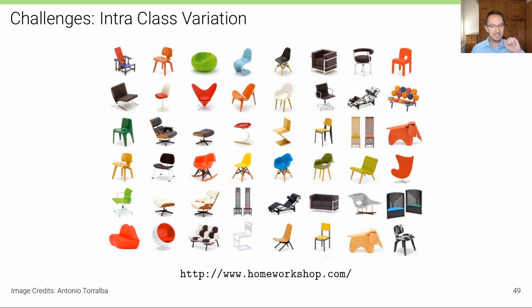You want to categorize all of them as being some seatable objects with a backrest, etc. So the intra-class variation is a problem if you want to separate classes from each other, but you want to classify each element of a class correctly.